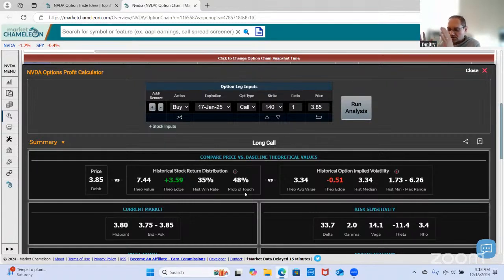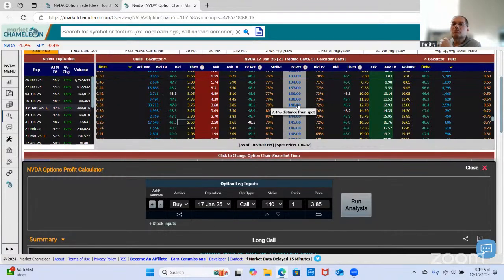Let's just analyze with X amount of days to go and the stock price a certain distance away from these strike prices. Look at the historical database, do all that work for me, and tell me if I took the implied volatilities of a similar option, right? This is obviously an upside call here, 7.4% away from the spot price.